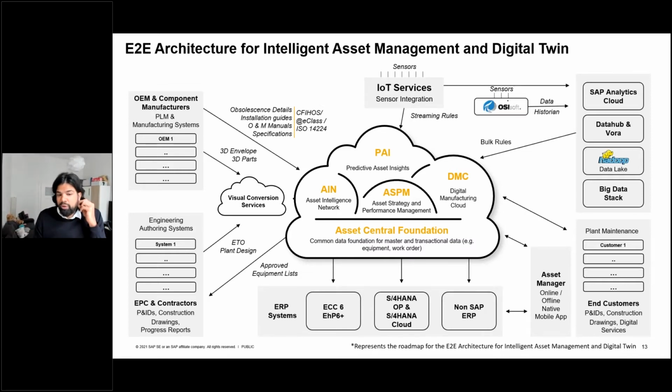Asset Central Foundation is the foundation which connects the master data with the backend, and how all the pieces fit together is with our backend, with the OEM manufacturers, with the IoT sensors. This overview will be explained bit by bit, what is Asset Central, what is AIN, what is ASPM, what is PI, what is DMC, by David and Prasad going forward. So I hand over to David.